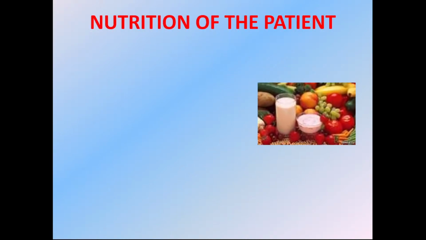And I finish our today's lecture on the questions of nutrition of the patient, because it is tightly connected with and effective depending on the activity of the digestive system, gastrointestinal tract, and the main glands of the digestive system, liver and pancreas.